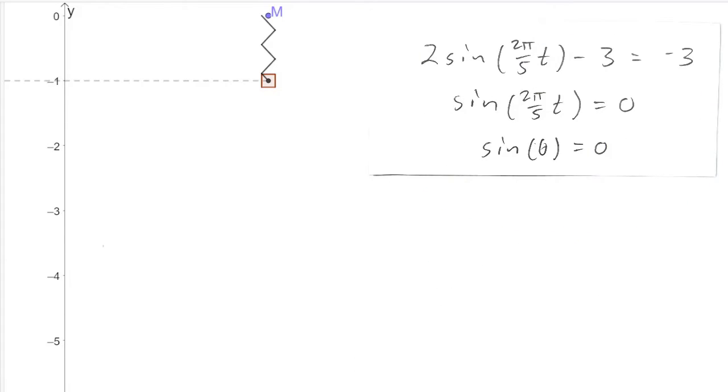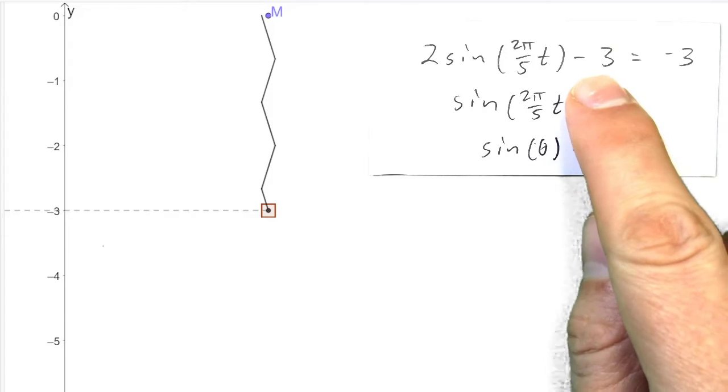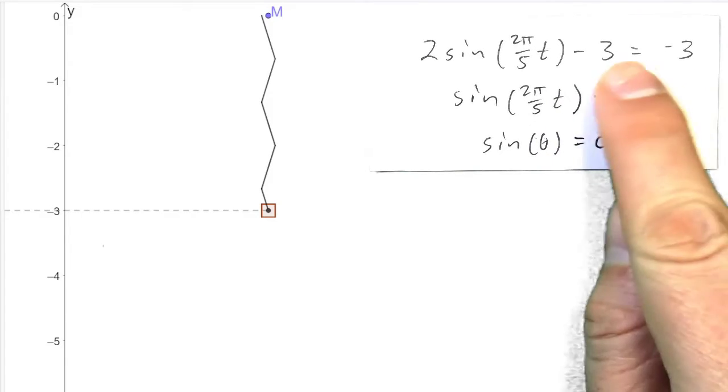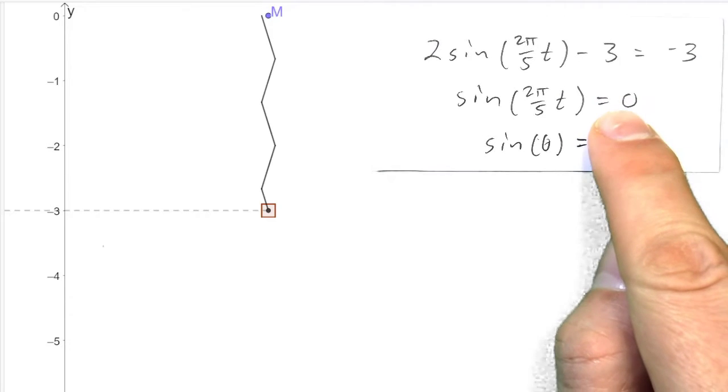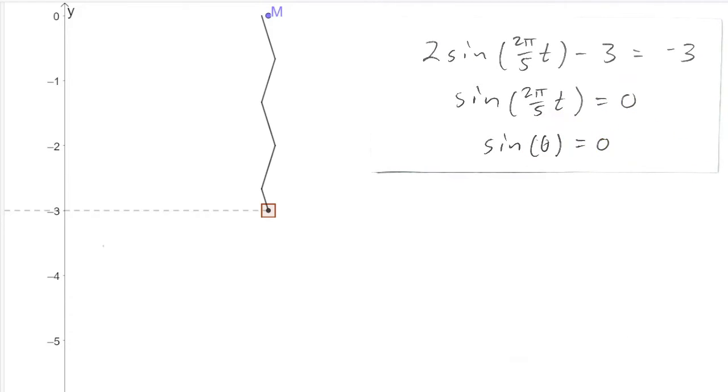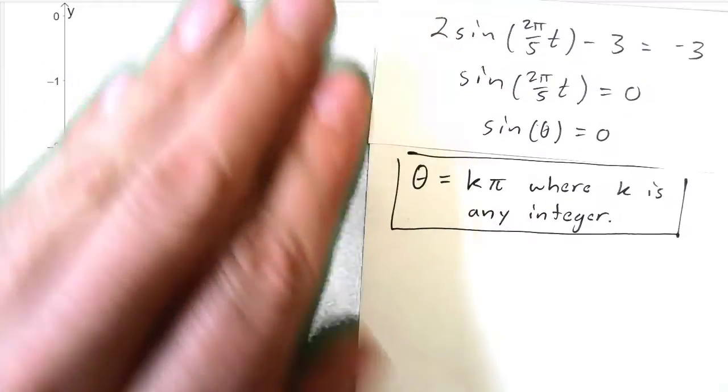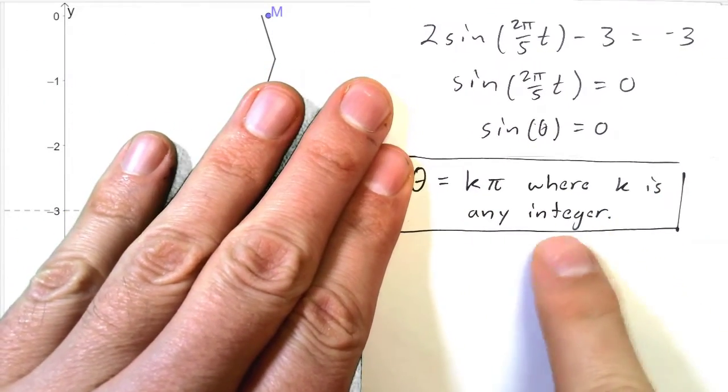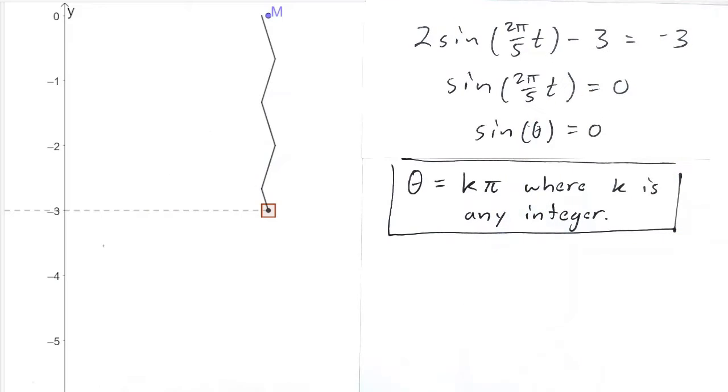The next thing we looked at is when the object is at height -3. So we set our displacement function equal to -3, used a little bit of algebra, and got this equation. We thought about sine theta first, and we see that the solutions to that are as follows. But now let's go back to t.